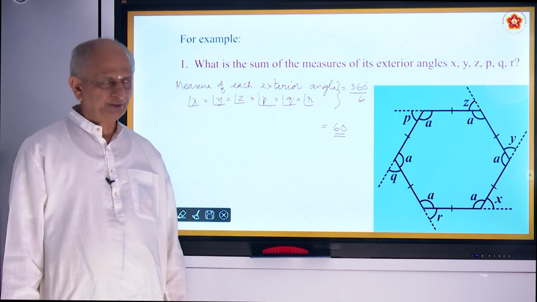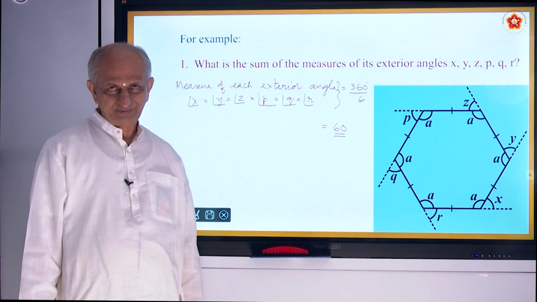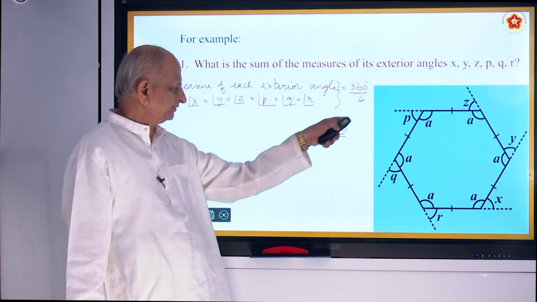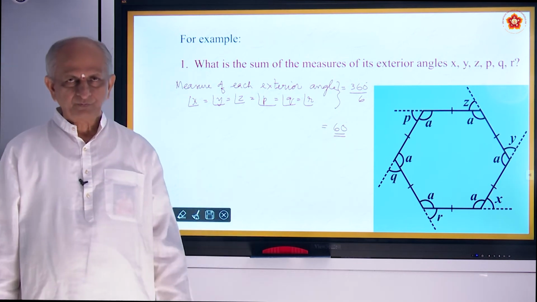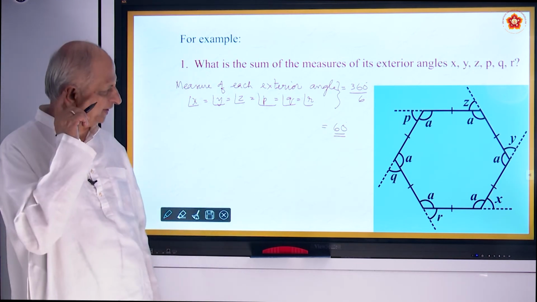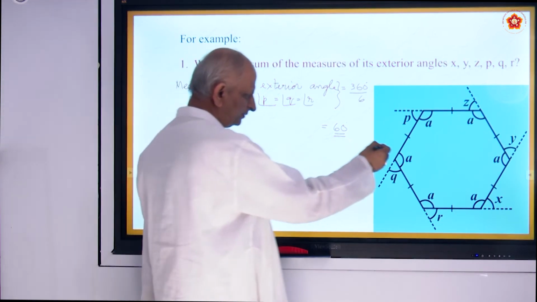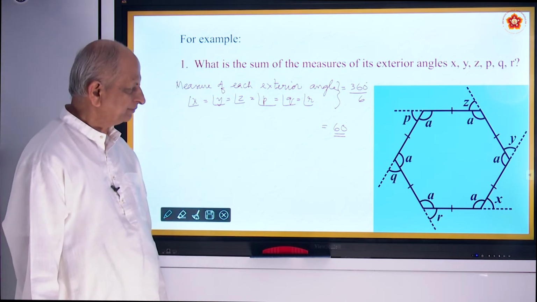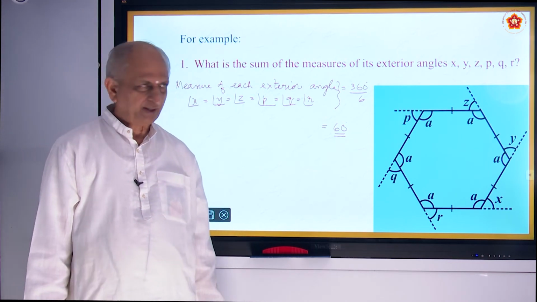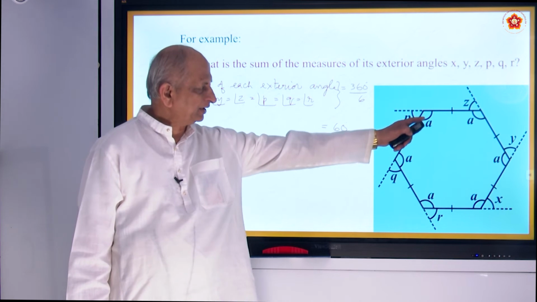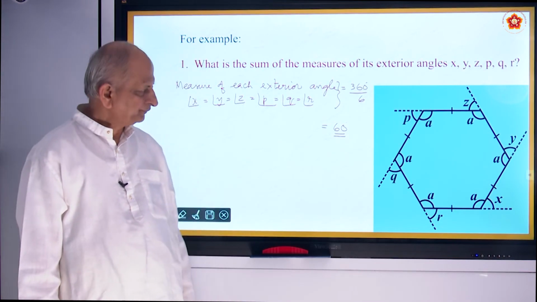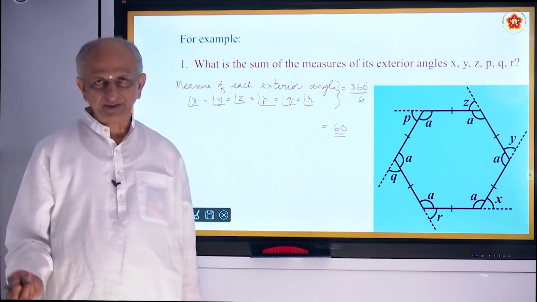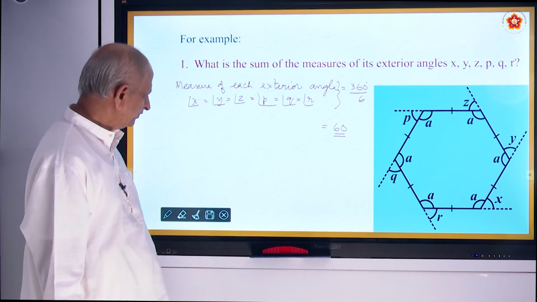Because it is equilateral, or you can say a regular hexagon. So 360 by 6 becomes 60 degrees. That is one method. Another method is finding the interior angles by the formula (2n minus 4) by n. That also you can get, and that will be 120 for all the angles. A becomes 120. If A is 120, the exterior angle becomes 180 minus 120, that is 60 degrees.